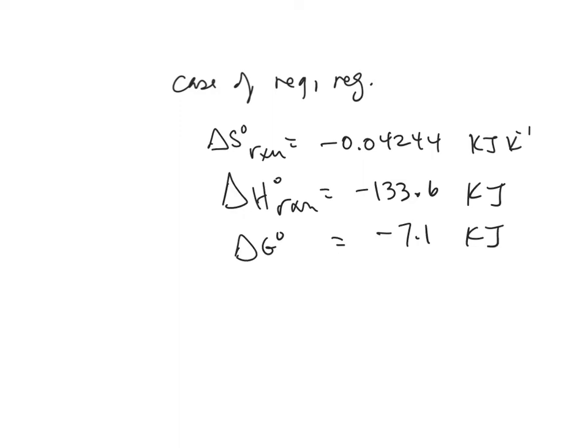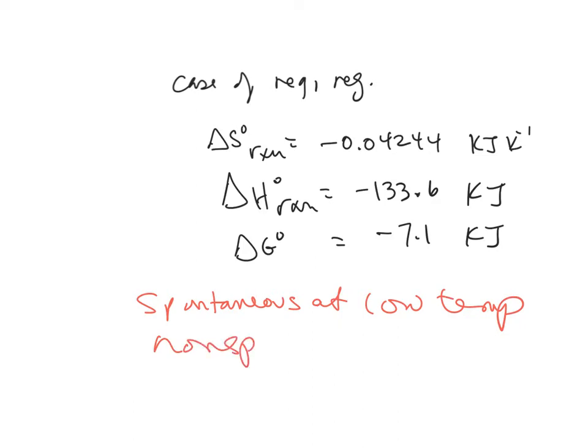So this is the case of negative, and we have talked about this a little bit. This is a situation where it is spontaneous at low temperature and non-spontaneous at high temperature.